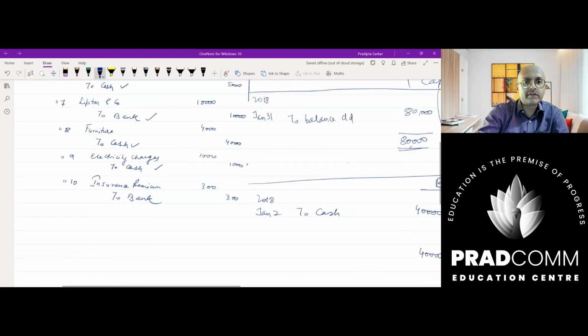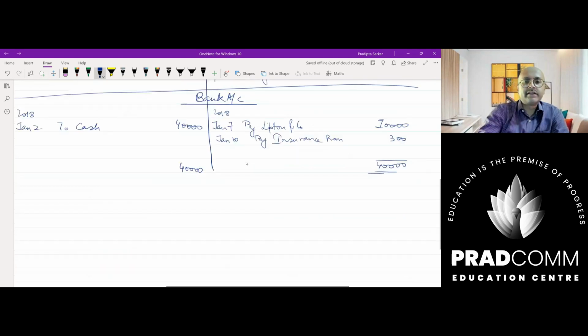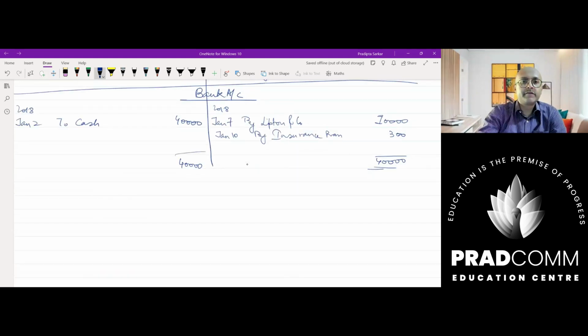So all the bank entries have been done. Now we will have to do the balance. The debit side is bigger, 40,000. We have written on the credit side also. On the credit side, as you can see, the amount is 10,300. So you will have to deduct the two. 40,000 minus 10,300 is coming to 29,700.